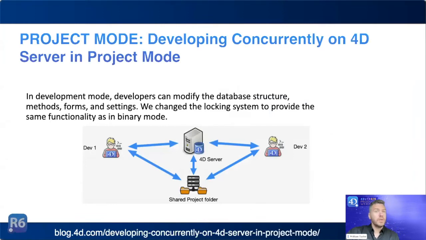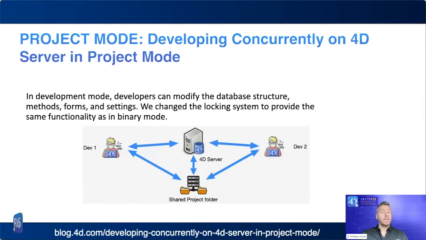And if you're one of the developers who asked for the possibility to work simultaneously with teammates on a single development server, then 4D v19 R6 will grant you your wish, thanks to a new mode for connecting a 4D client to a 4D server, development mode. Now, in development mode, developers can modify the database structure, methods, forms, and settings.